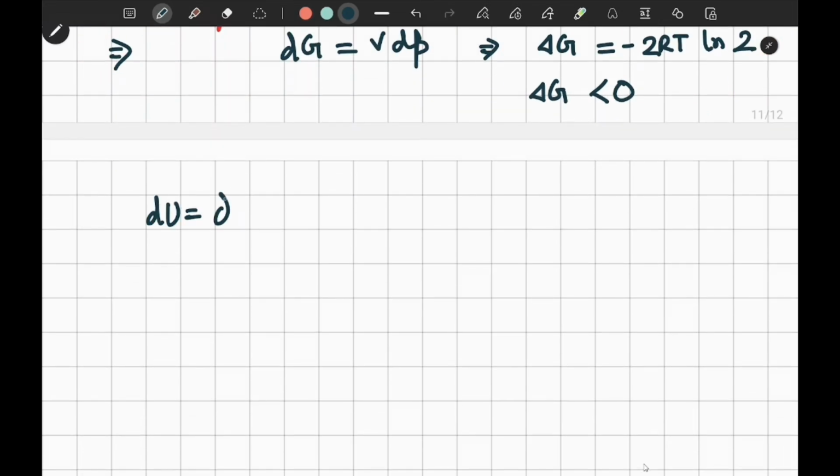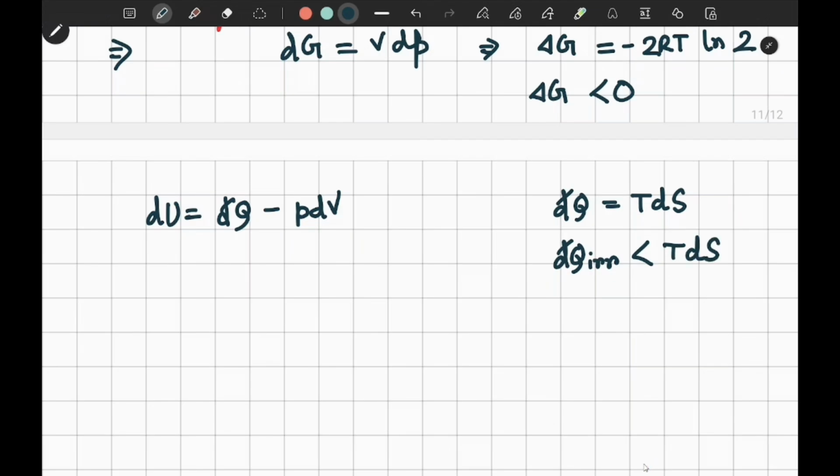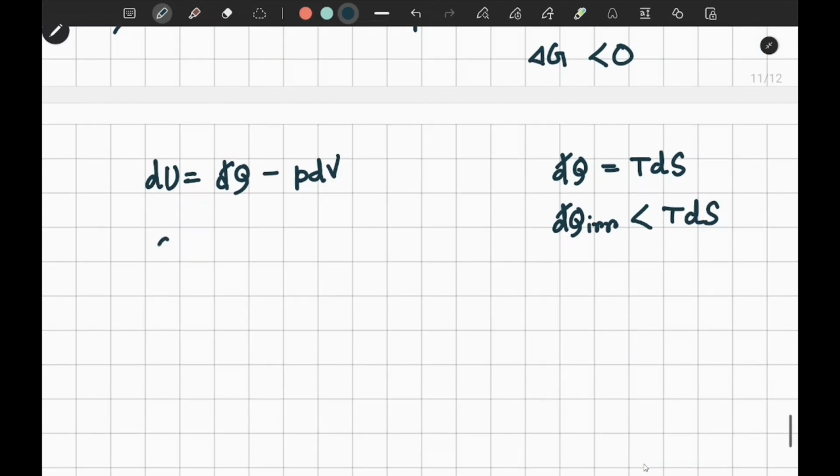dU equals đQ plus đW, right? So it's eventually TdS minus PdV, for mechanical work. Now for a reversible process, đQ is TdS, but for an irreversible process, đQ is less than the reversible đQ, so it's less than TdS. So for an irreversible process, it is less than TdS minus PdV, and for a reversible process, it's equal.